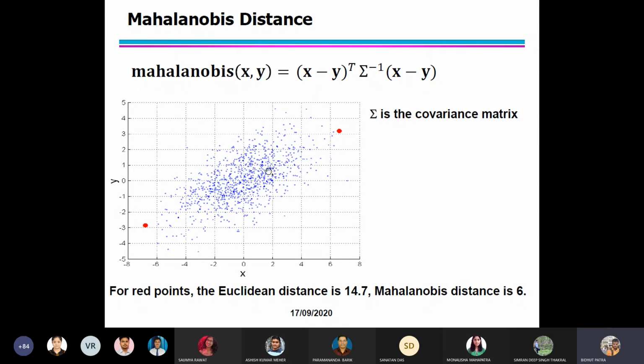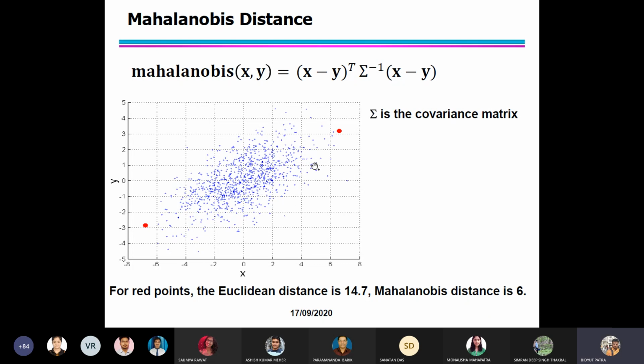Therefore, in Mahalanobis distance, there is a term called the covariance matrix. In order to compute the distance between 2 points, we have to consider the distribution of the points.